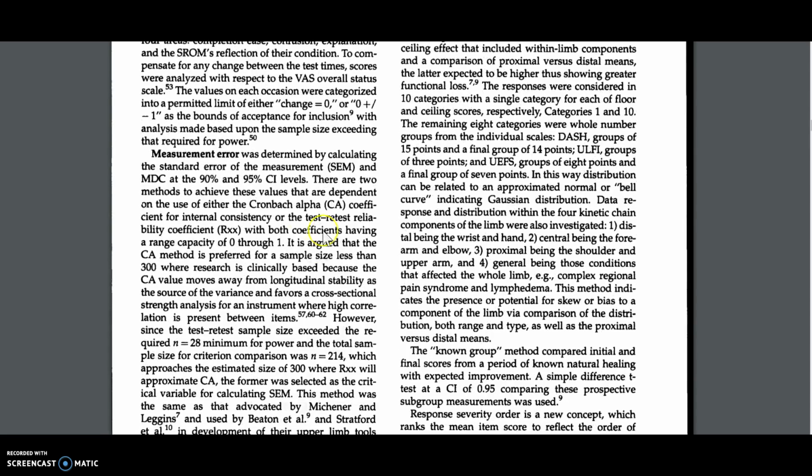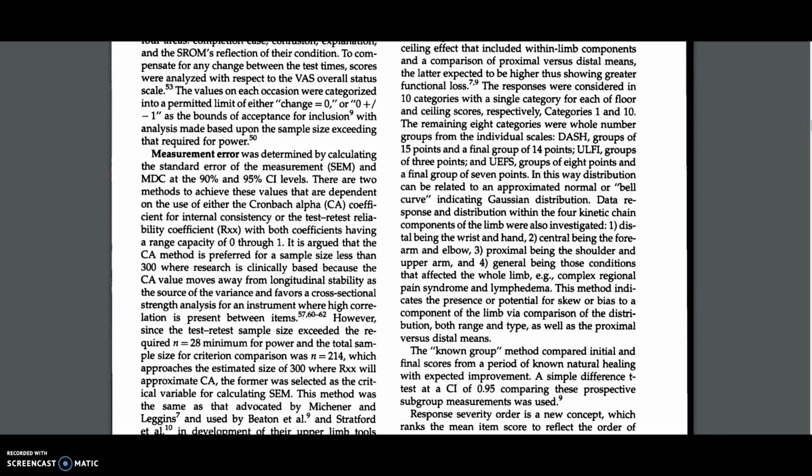Now, let's look at the measurement error section. We always have to assume that there might be error, right? We've talked about this previously.